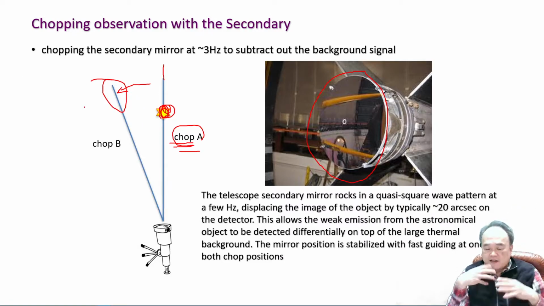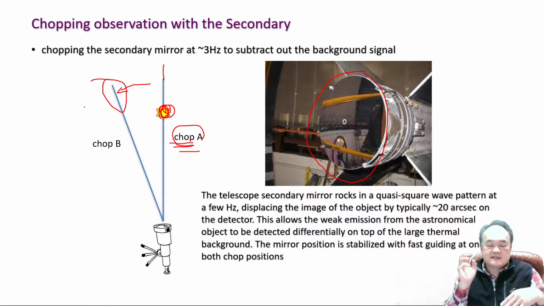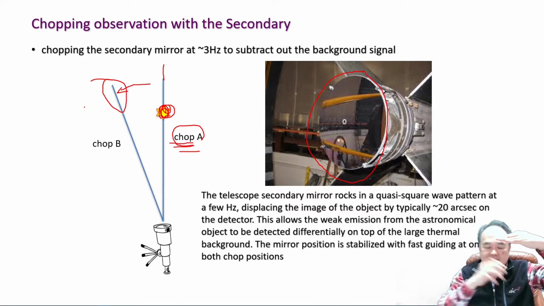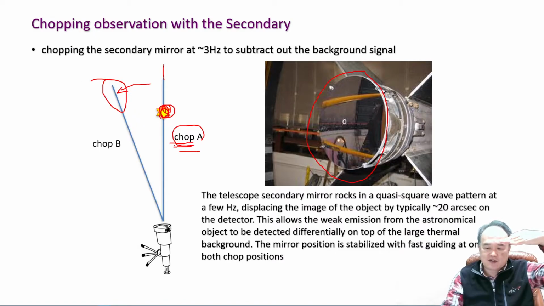Okay? Why are they doing this secondary mirror tilting? Because remember how fast the mid-infrared sky is changing, it's in a matter of just a fraction of a second. So to subtract this brightly glowing mid-infrared sky in less than a fraction of a second, we need to observe this chop A direction versus chop B direction, A and B direction, multiple times in a second.